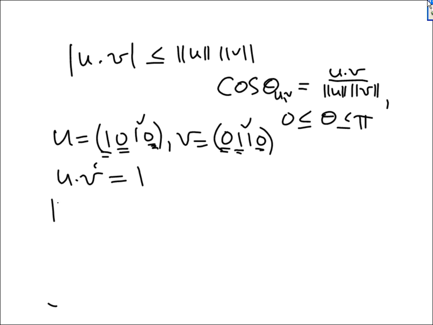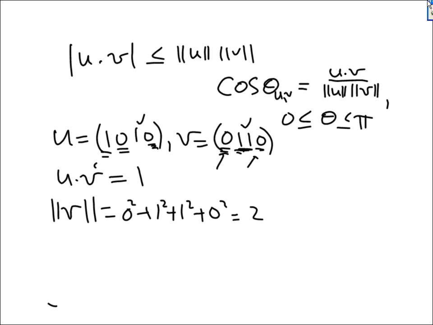Okay? The length of v, I meant to write u, but I wrote v. Don't bother squaring the zeros. You want to find 0 squared plus 1 squared plus 1 squared plus 0 squared, which is 2. So we have to take the square root. The length of v is the square root of 2. The length of u, well, u has the same numbers, 2 zeros and 2 ones.